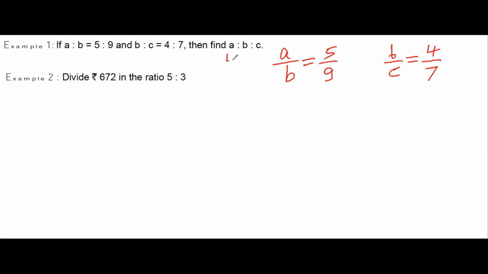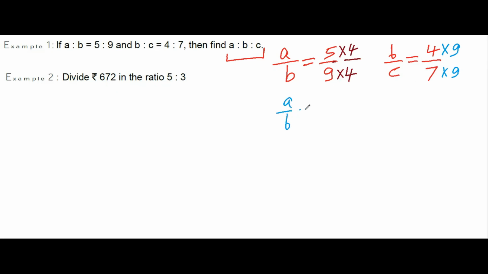Now here they want only 3 terms. So what I will do is make the b and b equal. They are not equal now, so I will make them equal by multiplying by 4 here, because 4 is there, and similarly multiplying by 9 here, because 9 is there.